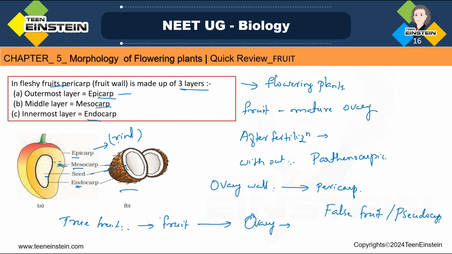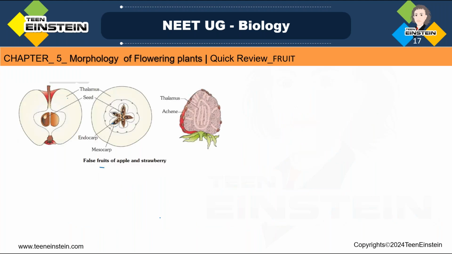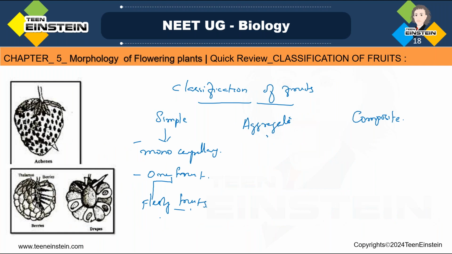Okay, and what is the tender coconut water we are drinking? See, here the coconut water, the sweet water, and the whitish edible part, the liquid and the solid, whatever we are drinking and eating, that is endosperm.